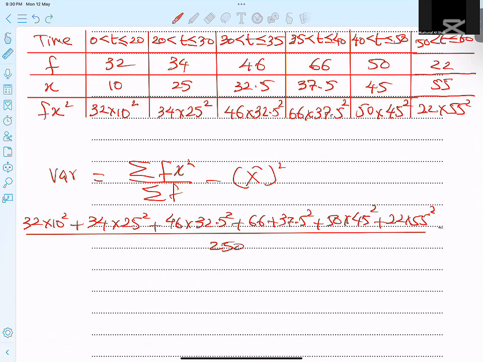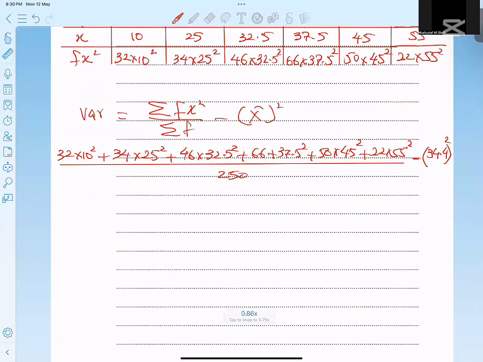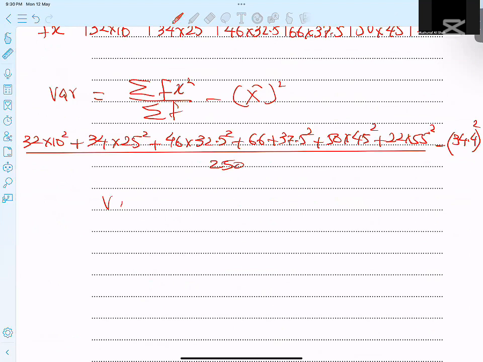I change it or leave it here, no problem at all. 34.4. Let me check, is 34.4 correct? Yeah. And if I type it in the calculator, I'll get the variance. And the variance is coming to 151.24.